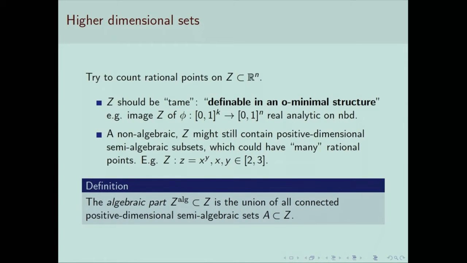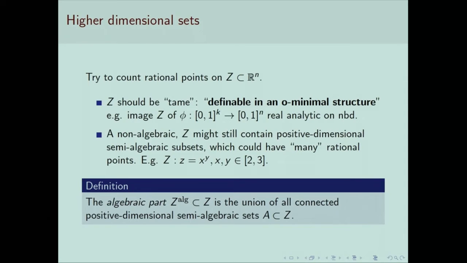But to have any reasonable hope, we have to impose that this set Z should be geometrically reasonable. The condition that we're going to take is that Z be definable in an o-minimal structure. But I'm going to defer discussion of what that means and where it comes from to the next lecture.